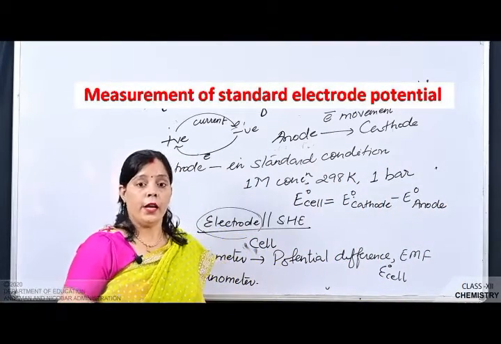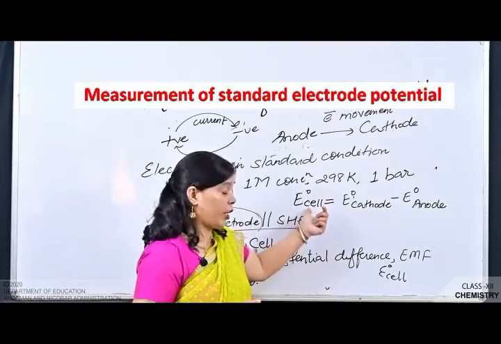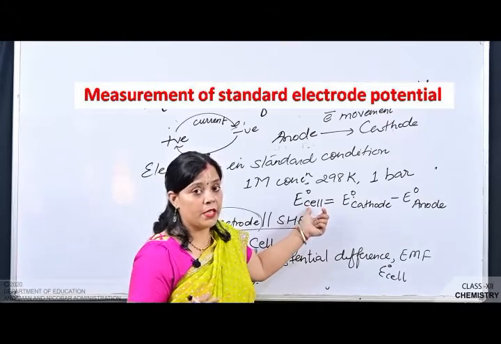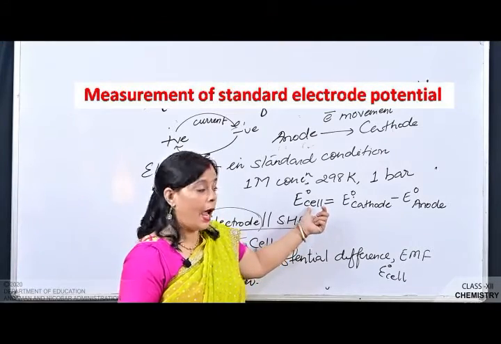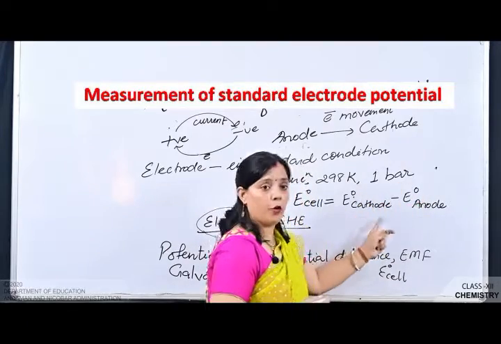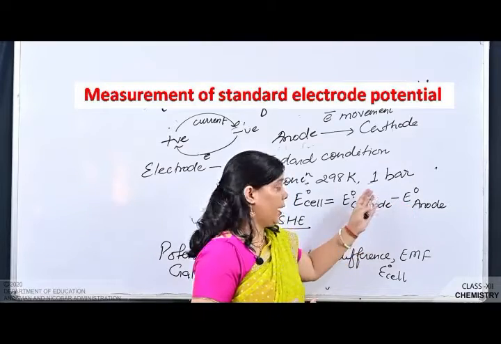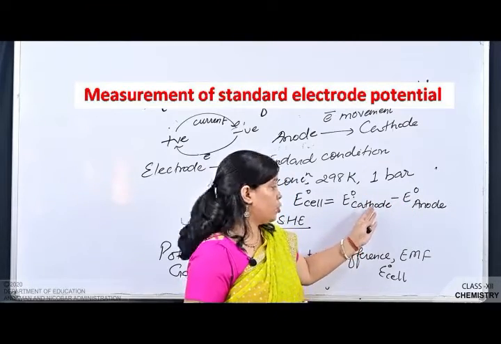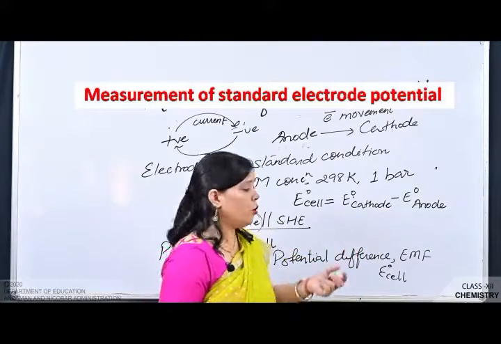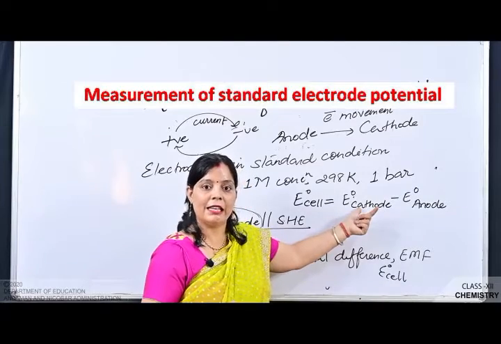So students, if we know the E cell naught, that is the potential difference in the cell, this potential difference can be measured with the help of the potentiometer. Here the electrode potential of one of the electrodes is known, because in the cell we attach the SHE at one position, and the standard hydrogen electrode has a potential of 0 volt. So the electrode potential of the other electrode we can easily measure.